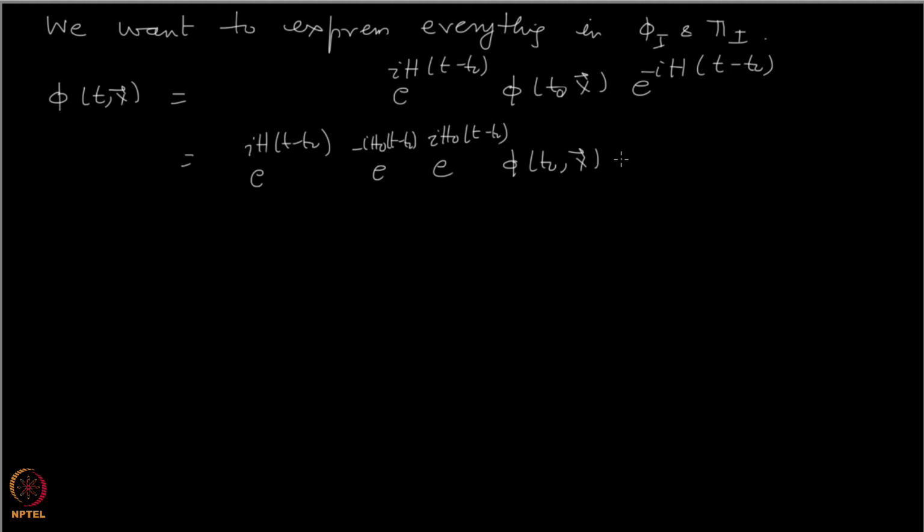Okay, and similarly here I should put minus i H naught, but then I should kill it, and you have this guy here. Okay, now this is our phi I.